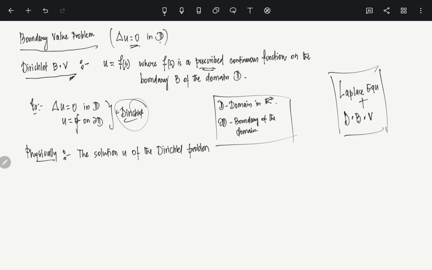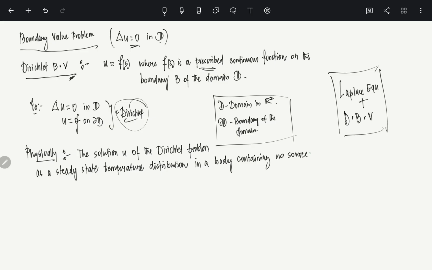So a solution u of a Dirichlet problem is a steady state temperature distribution in a body containing no source or sink.